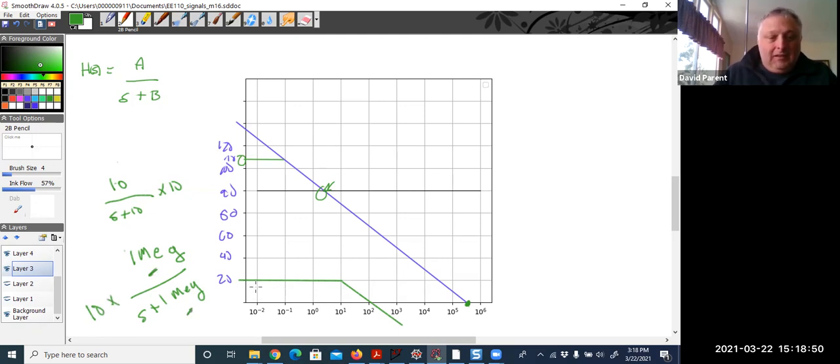We still have our 20 dB gain. So let's do that Bode plot. There's our megahertz, and then there's our slope. Well, in fact, what will really happen is that it'll work.